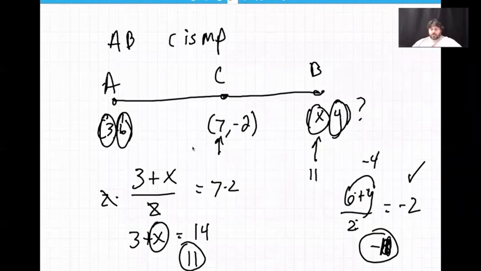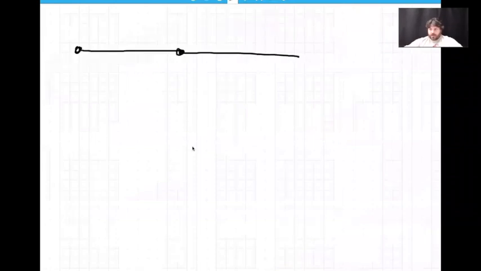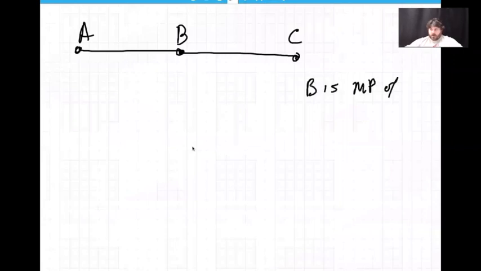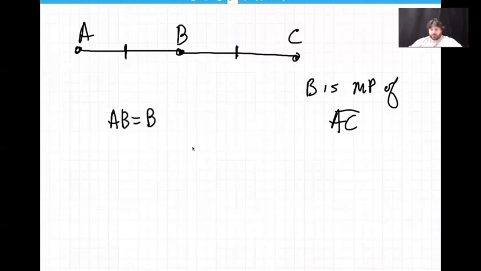All right, so let's look at this line segment, okay? Let's say we have A, B, and C. And we know that B is the midpoint of AC, okay? So there's a lot of things we know here. I know that AB and BC are equal. AB equals BC.